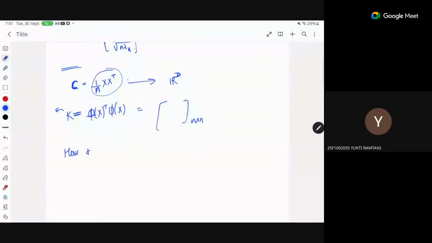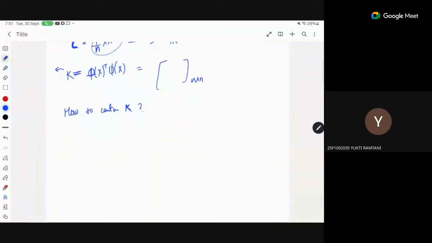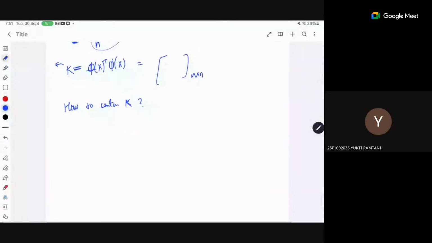So how do you center K? One way is that once you have this kernel matrix, you again find the mean, and you center it.